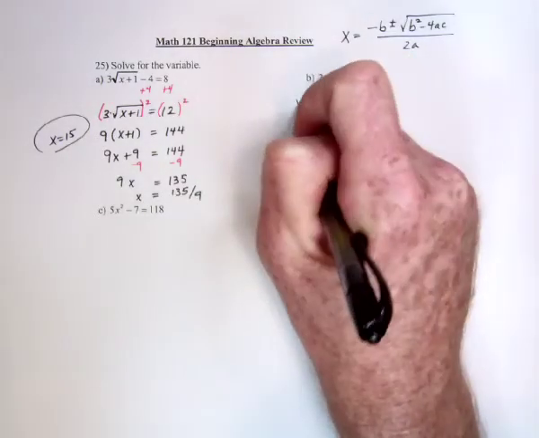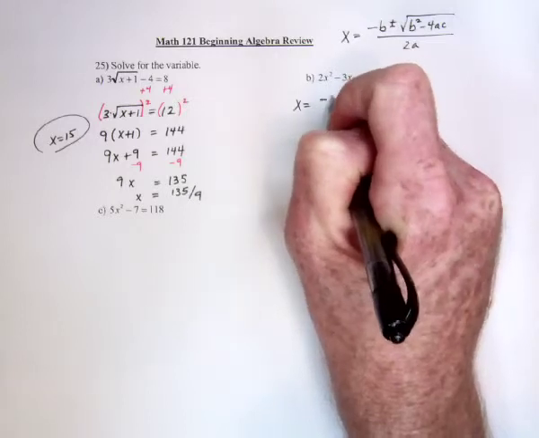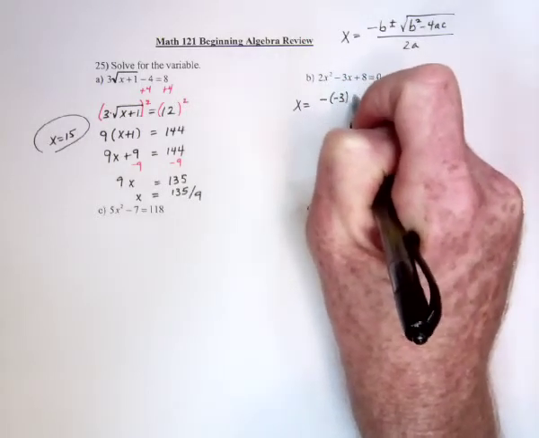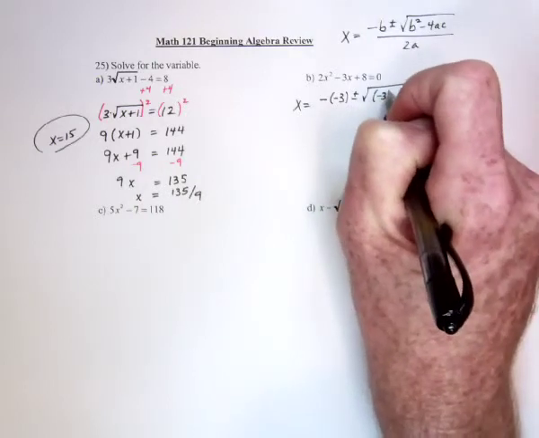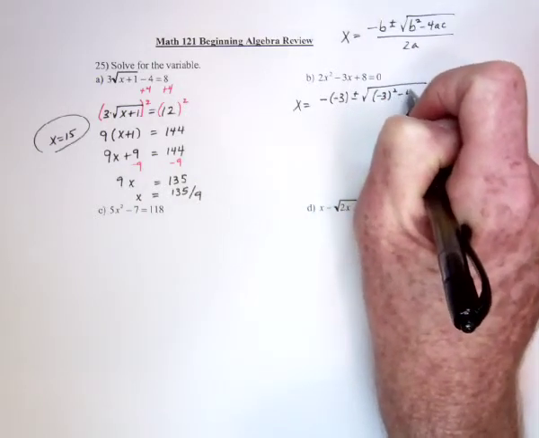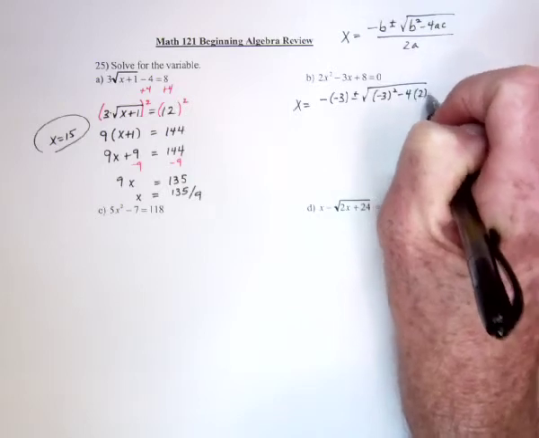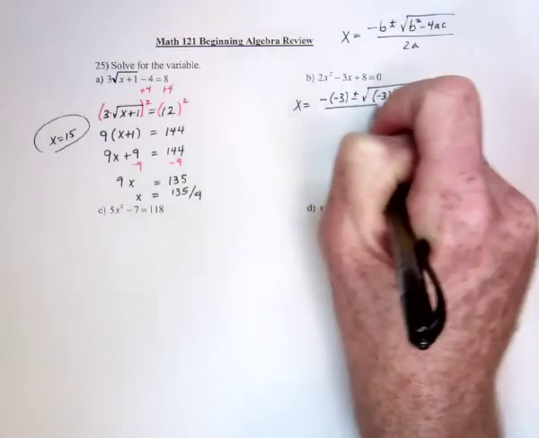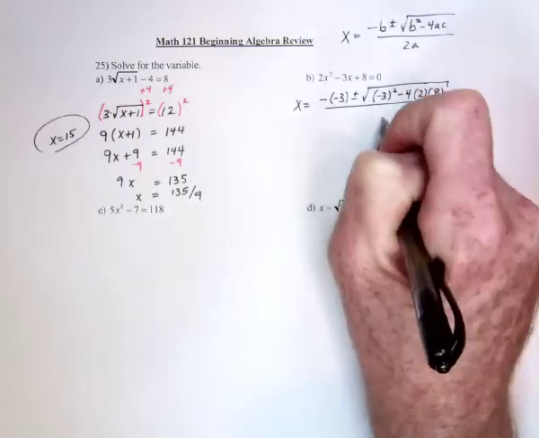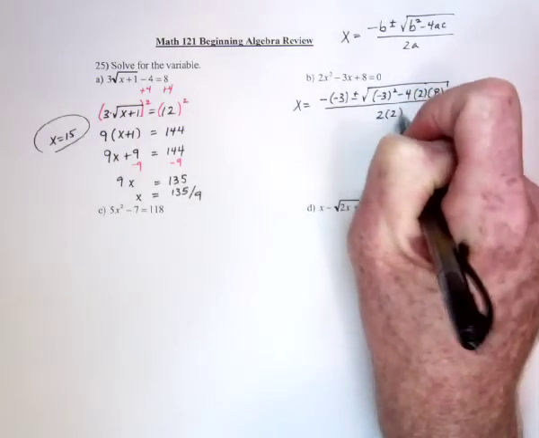So x is equal to negative of the b plus or minus the square root of b squared minus 4 times the a and the c, and divided by 2 times the a.